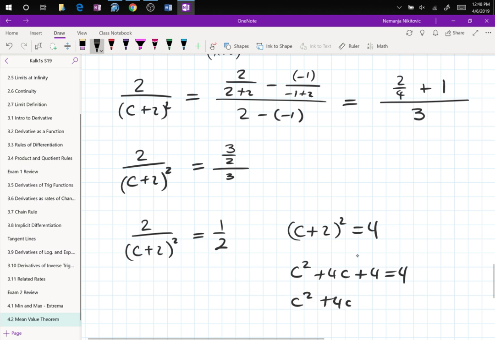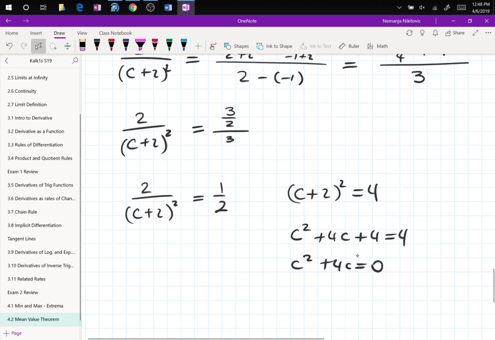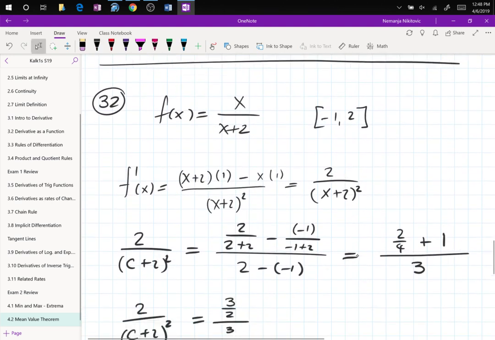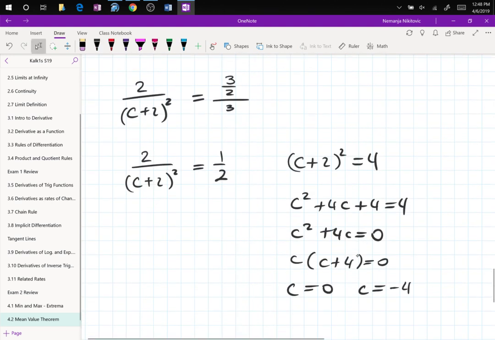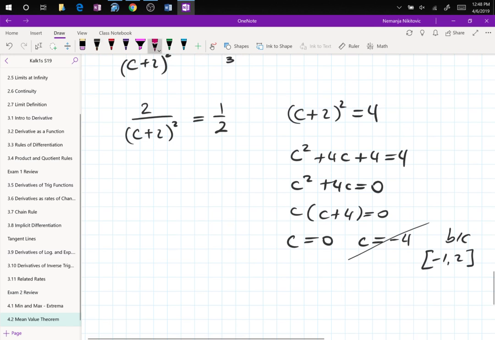C squared plus 4c equals 0. And factor out c, c plus 4 equals 0, c equals 0, c equals negative 4. Now we are on the interval negative 1 to 2, so this one is dropped, and we keep our c equals 0.